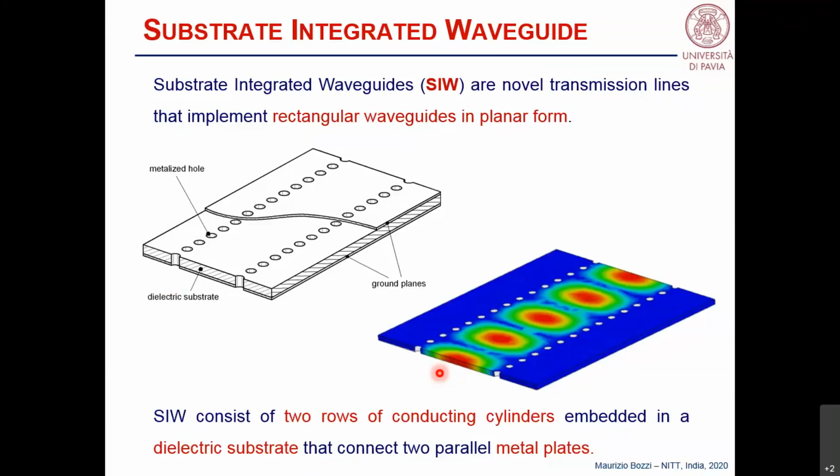So this SIW structure looks like a rectangular waveguide, behaves like a rectangular waveguide, but it is fabricated by using the technology that is typical of planar circuits like microstrip lines or coplanar waveguides. And this is the big advantage. We try to merge the advantages of a rectangular waveguide and the advantages of planar structures like microstrip lines.